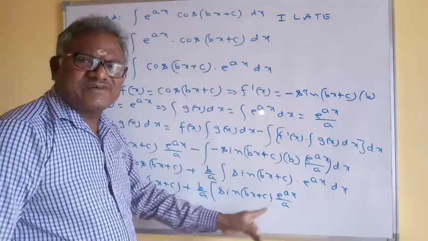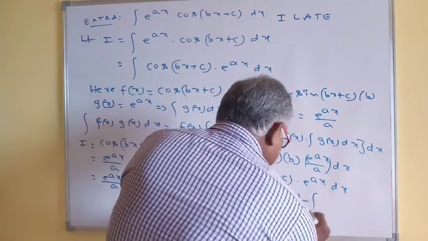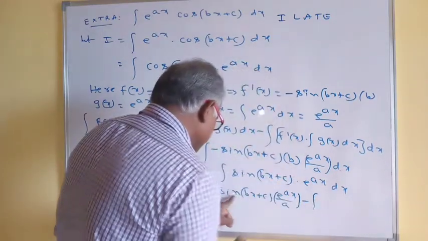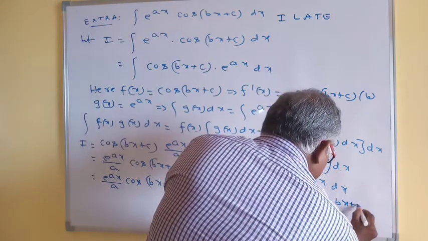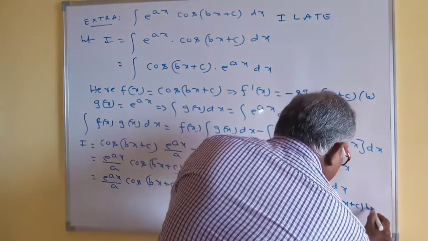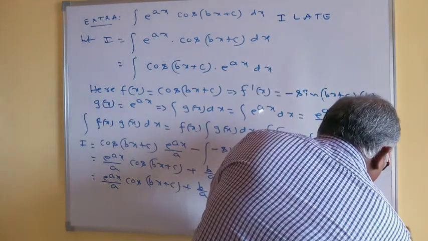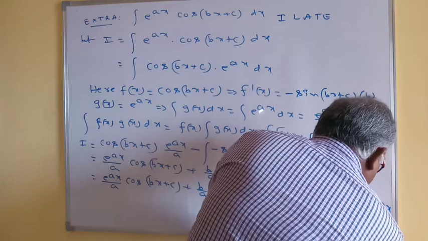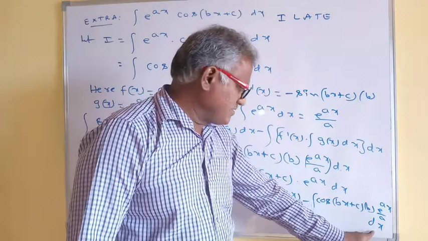First function into integral of second function, minus the derivative of this one, derivative of sin is cos, into b, again the integral value e power ax by a, with respect to dx.